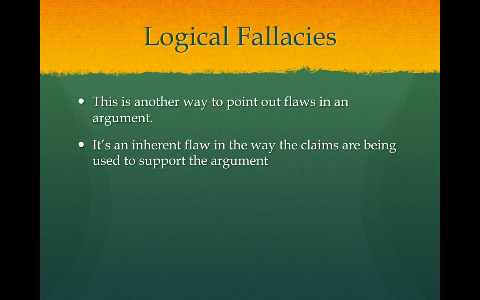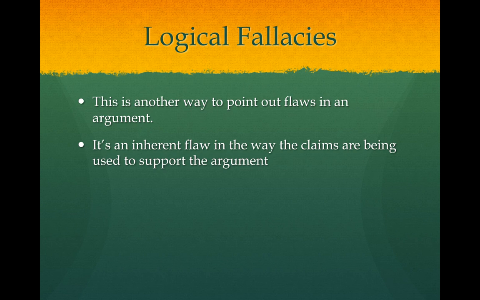Okay, so the next thing you can do, because remember, this prompt is all about poking at the actual mechanics of the argument that you're reading, is talk about any logical fallacies that you see in the excerpt.